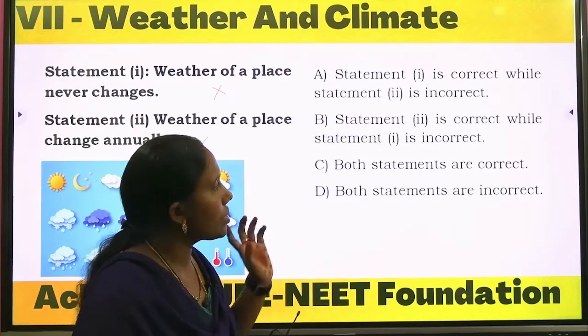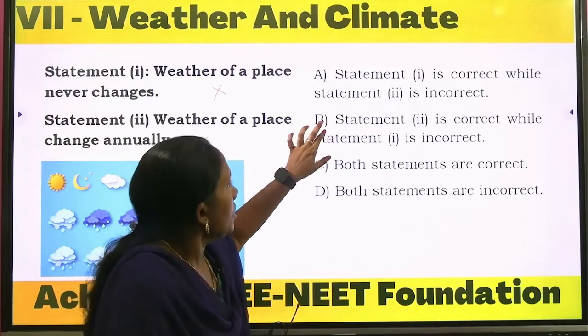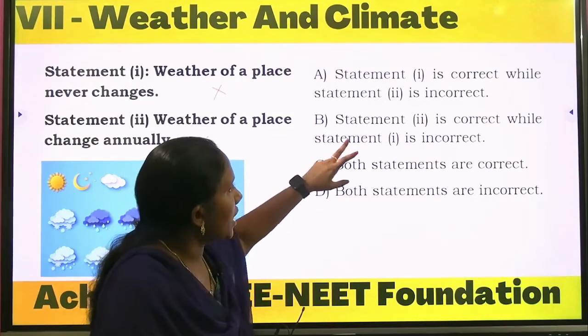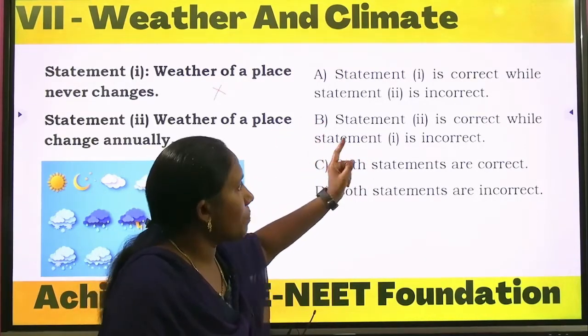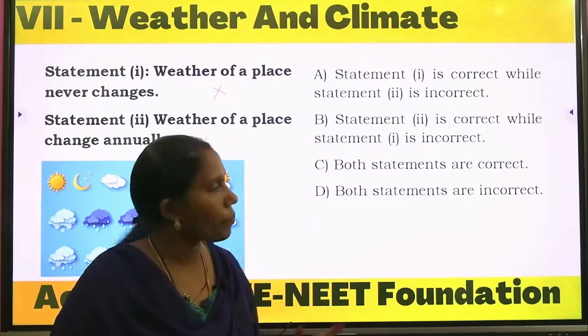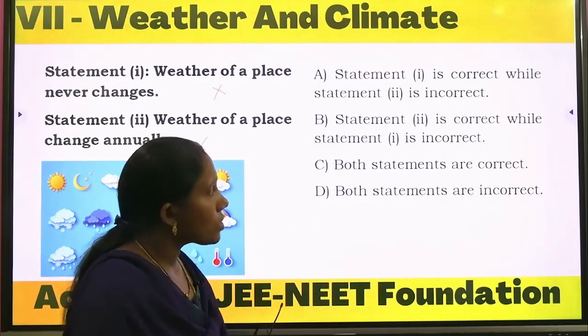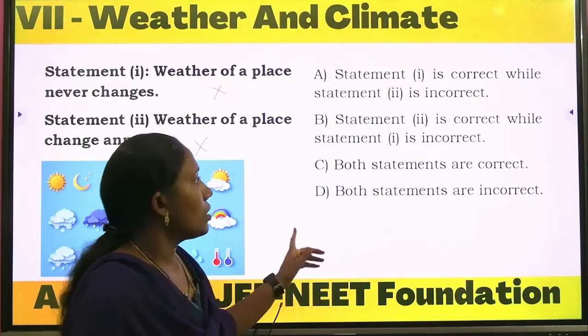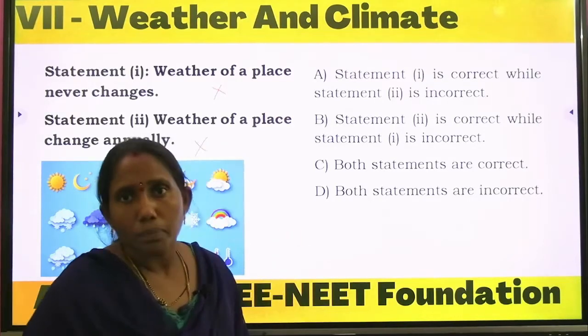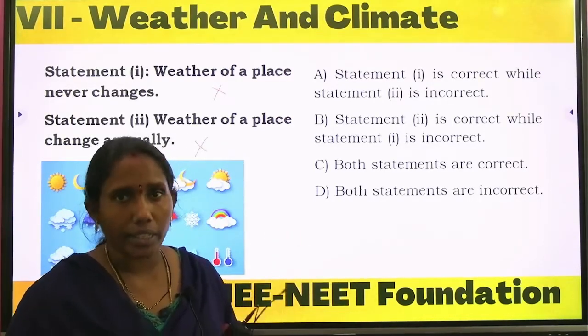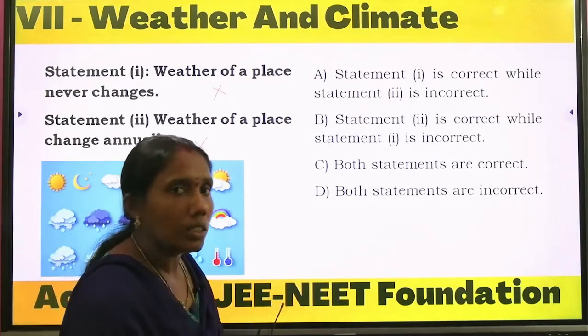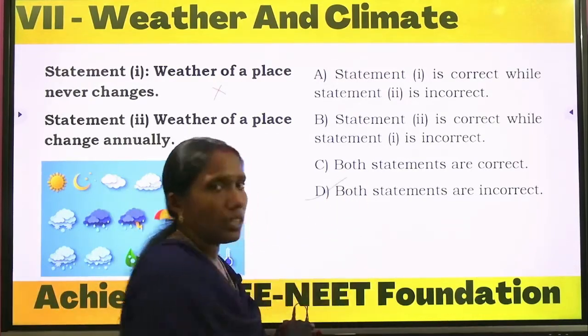No, both statements are wrong. Second option, statement 2 is correct, while statement 1 is incorrect. Third option, both statements are correct. No, I will go with option D: both statements are incorrect. Yes, both statements are wrong. That's why I am going with option D.